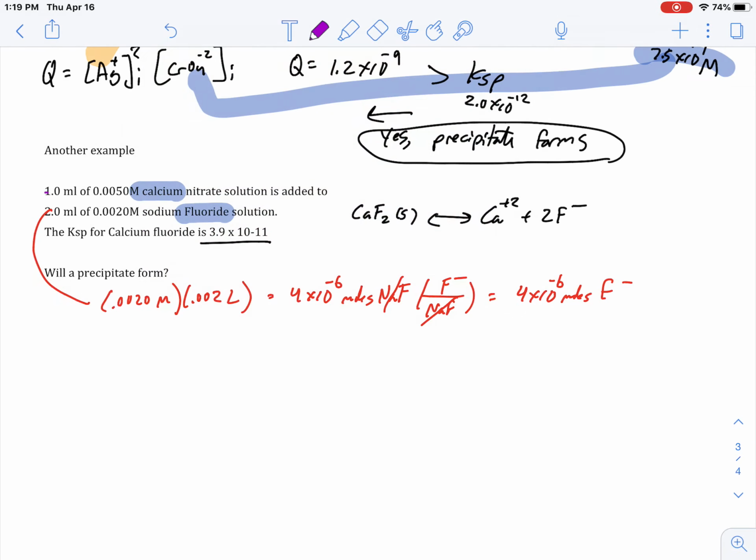Let's do the other one. 0.005 molar times 0.001 liters. So 5 times 10 to the negative 6th moles of calcium nitrate.